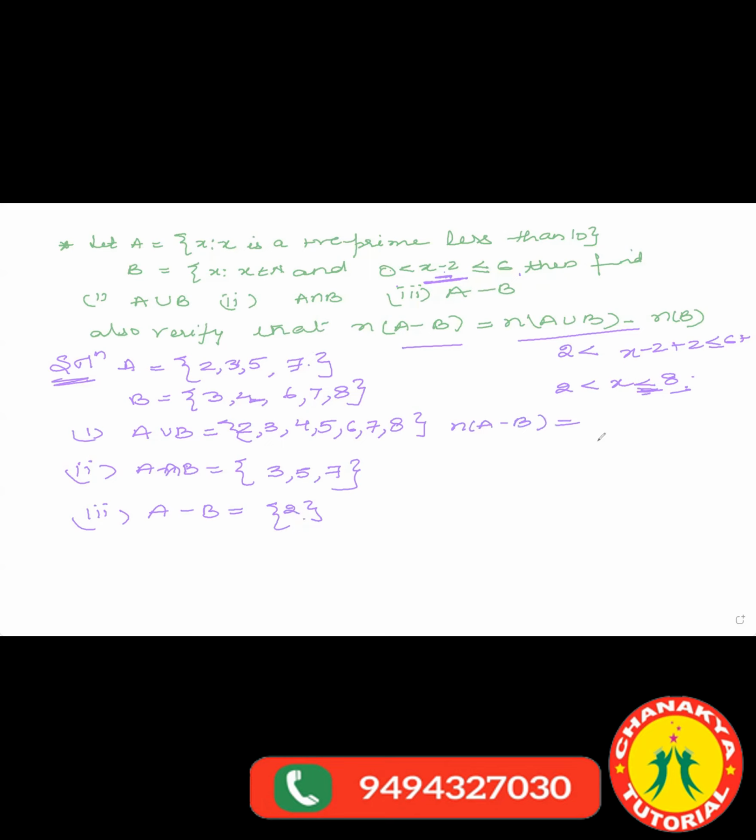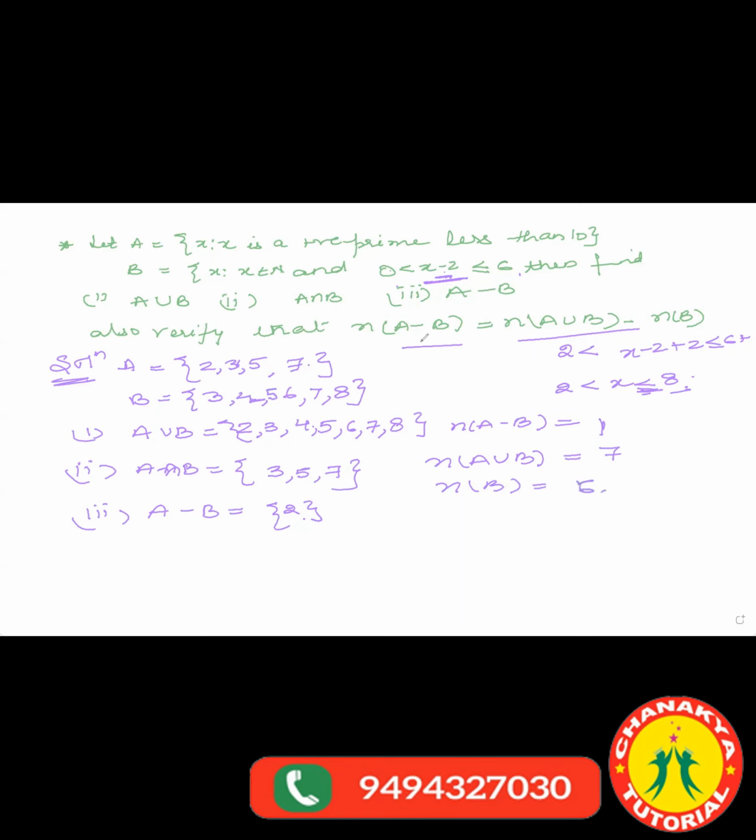So it is 2 only. Then the number of elements in A union B: 2, 3, 4, 5, 6, 7, 8, that is 7. Now the number of elements in set B. How many elements are there? Jaswant? 5. 1, 2, 3. Just wait. I forgot to write 5 here. Yes, ma'am, it's correct. The number of elements in set B is equal to 6.